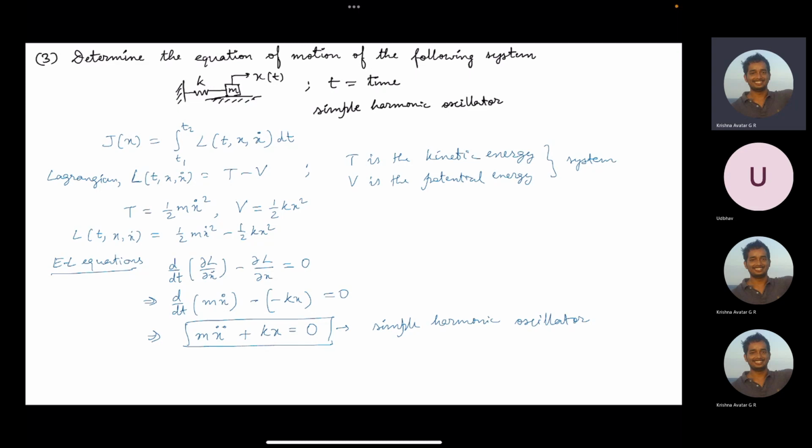We have constructed this functional, and the Lagrangian is defined as T minus V. T is the kinetic energy, and the total kinetic energy of the system is half m1 times velocity of 1 squared plus half m2 times velocity of 2 squared. The potential energy is half k1 x1 squared plus half k2 (x1 minus x2) squared.